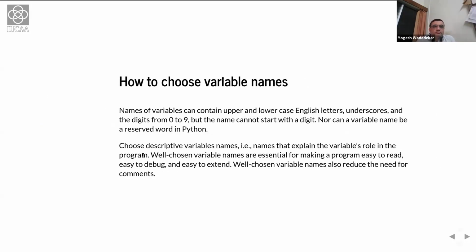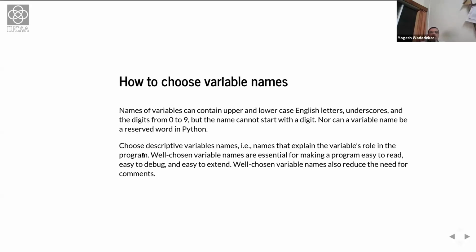Okay, so how to choose variable names? Names of variables can contain upper and lower case English letters. I strongly recommend using lowercase English letters wherever possible. Underscores are allowed, they're useful.